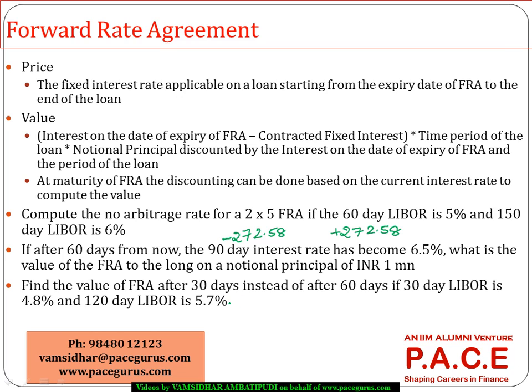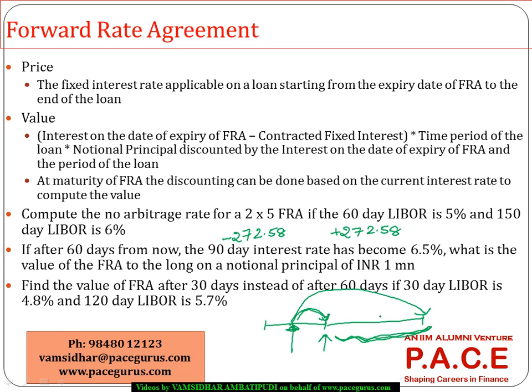That's one aspect. But instead of looking at it at the end, the other tricky part is that I am not finding the value of the FRA on the expiry date, but I am trying to find it somewhere in the middle. So again, if I have to find it somewhere in the middle, I require this LIBOR as well as this LIBOR, and based on this, compute what should be the updated FRA, updated interest rate based on the new LIBORs.